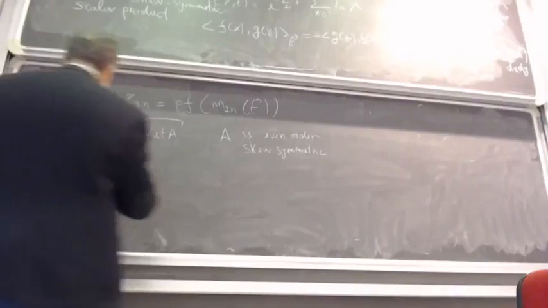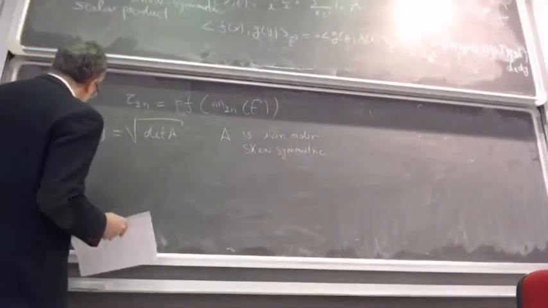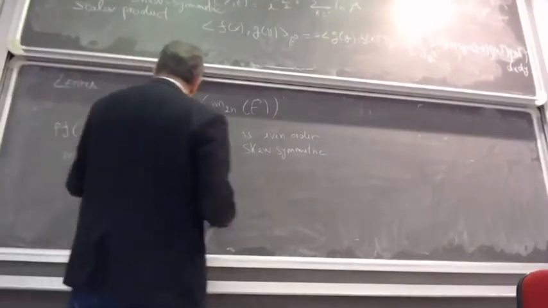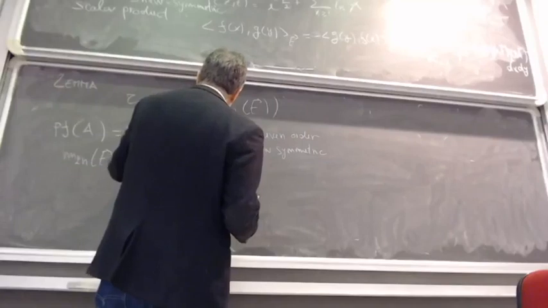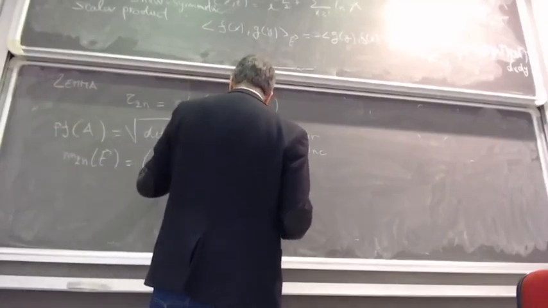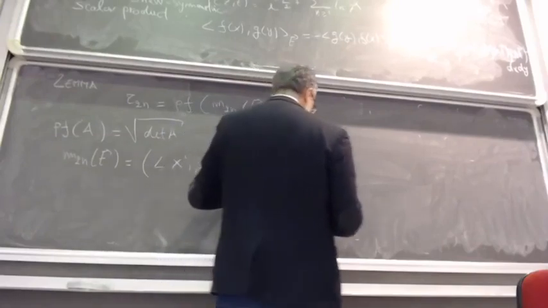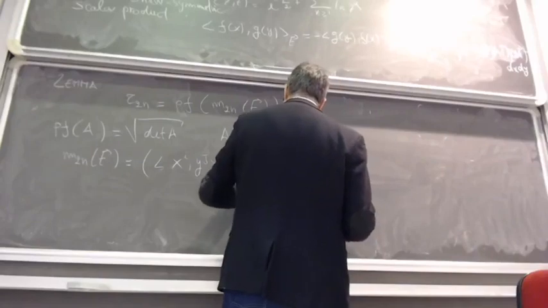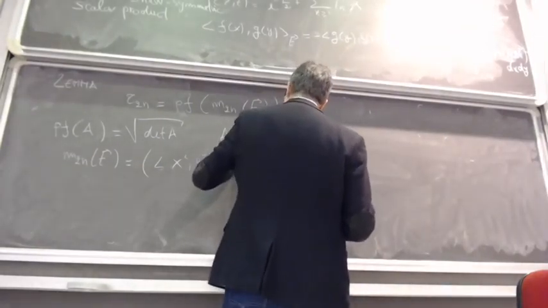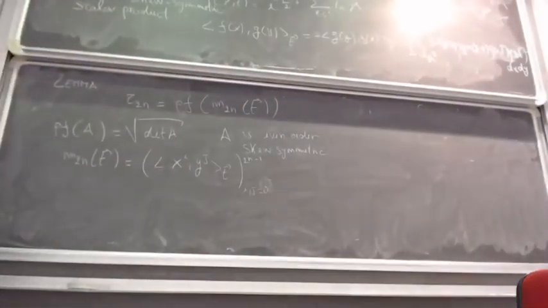And indeed, the moments matrix M_2n(t) is the matrix whose entries are of the form the skew scalar product of x to the power i and y to the power j, where i and j run from 0 to 2n minus 1. I hope I defined everything here.